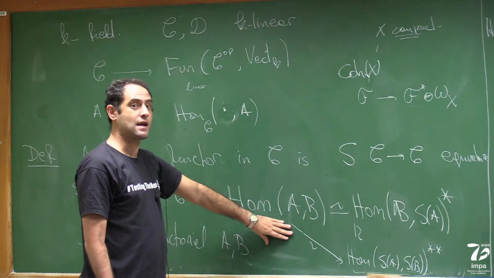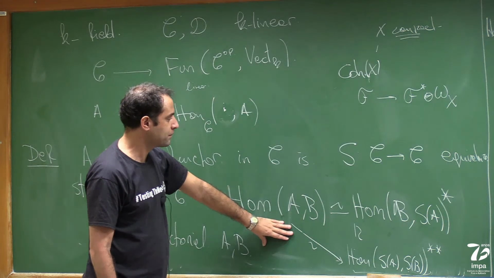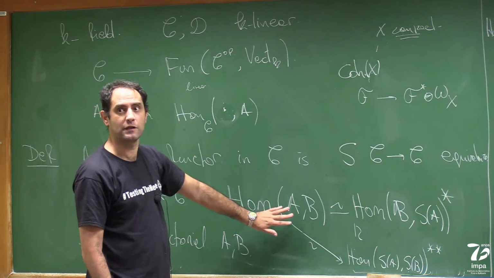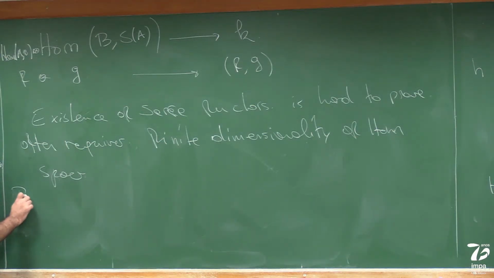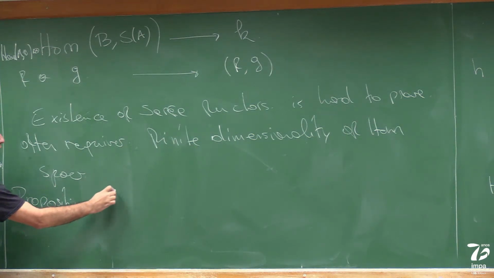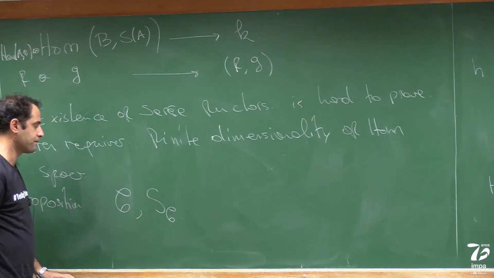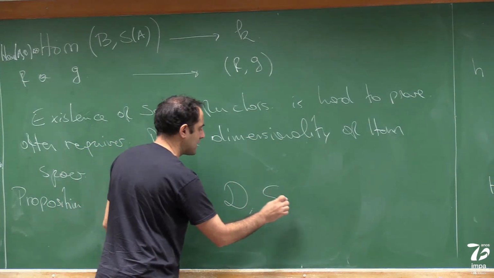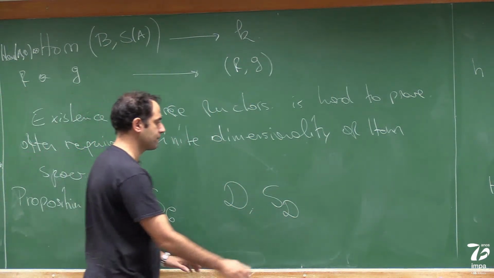And what's the nice thing about Serre functors? And this is a thing that is recurrent whenever you do geometry. Once you have Serre functors, any equivalence commutes with Serre functors. And that's an interesting proposition. Let's suppose that you have a category C with its Serre functor S_C, and you have another category D with its Serre functor S_D. Let's suppose that the Homs are finite dimensional.